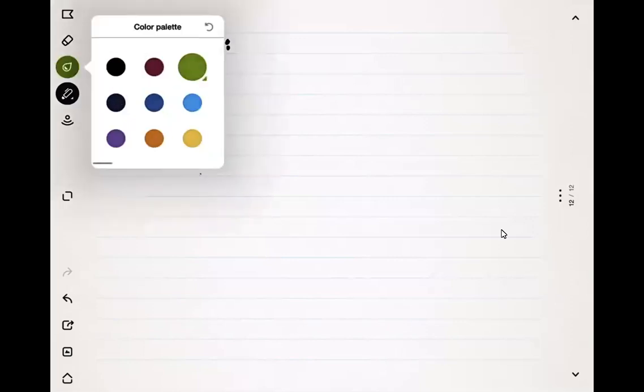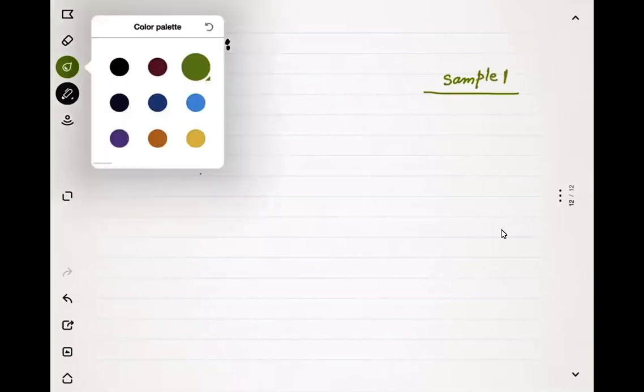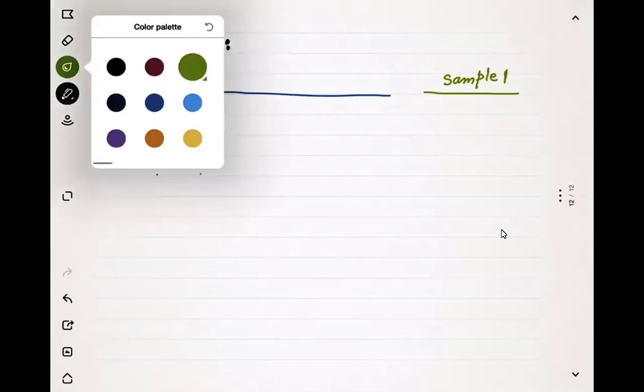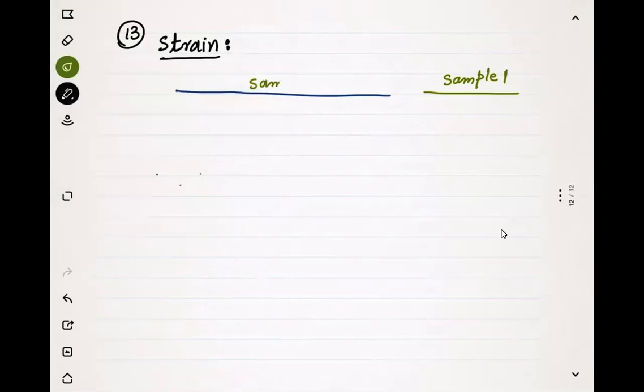For example, let's take two samples of wire. This is sample one. The second sample of wire, that is sample two, is here. On sample one, we are applying a force of, for example, 1000 Newton from both sides.